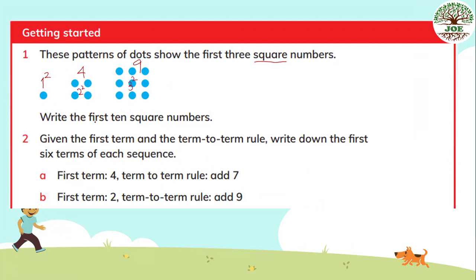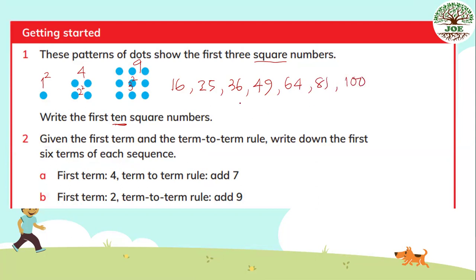Next, write the first 10 square numbers. So next, 4 square is 16, 5 square is 25, 6 square is 36, 7 square is 49, 8 square is 64, 9 square is 81, and 10 square is 100.